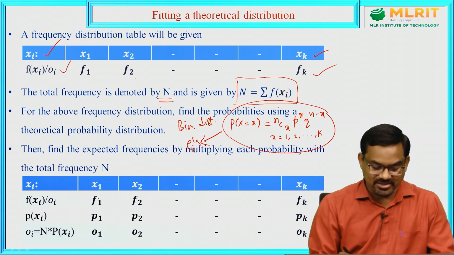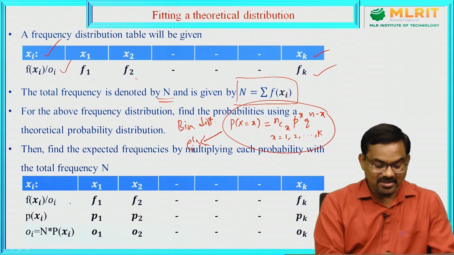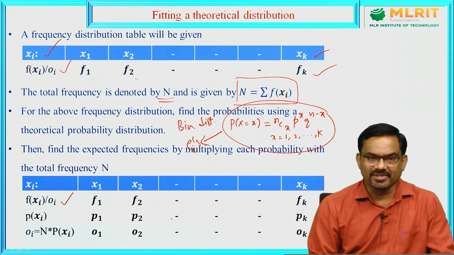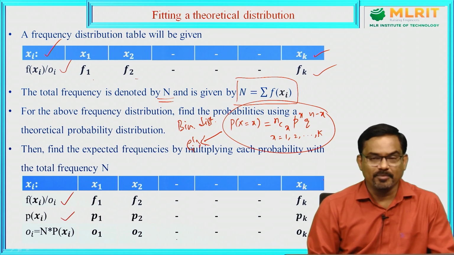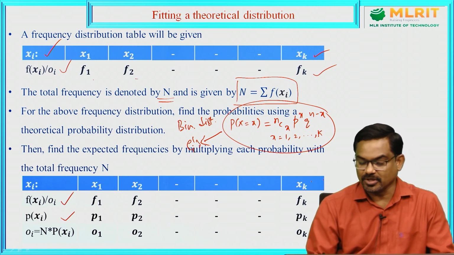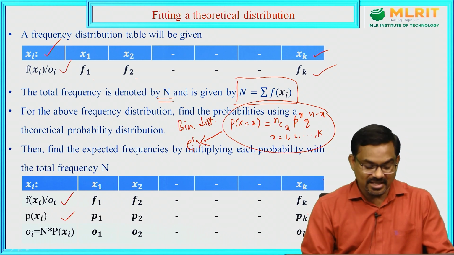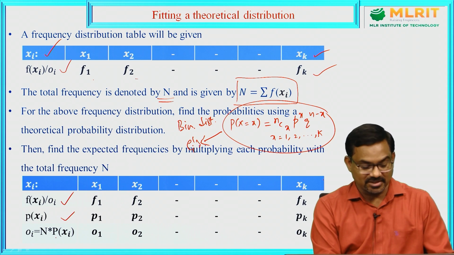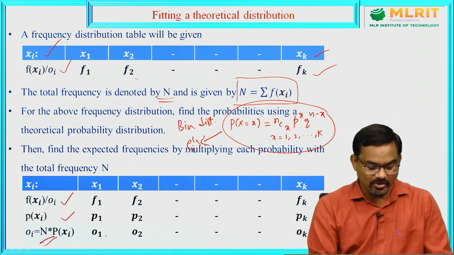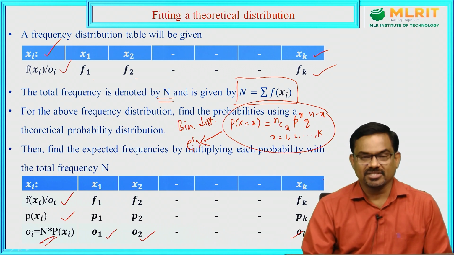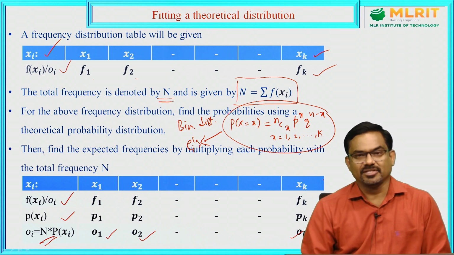Finally we construct this table: the given values of X, the given observed frequencies in the frequency distribution table, then the probabilities corresponding to each X value, P1 for X1, P2 for X2 and so on up to Pk, and the expected frequencies obtained by multiplying the probabilities with the total frequency N. The construction of this table from the given frequency distribution table is called fitting a theoretical distribution.